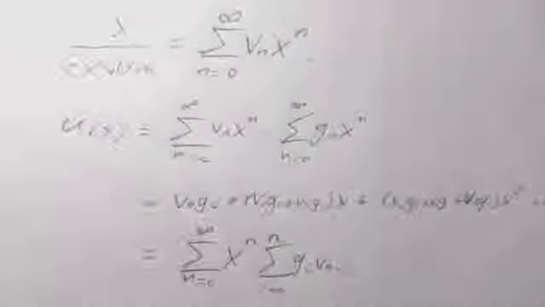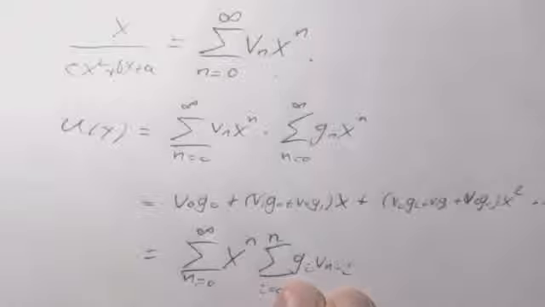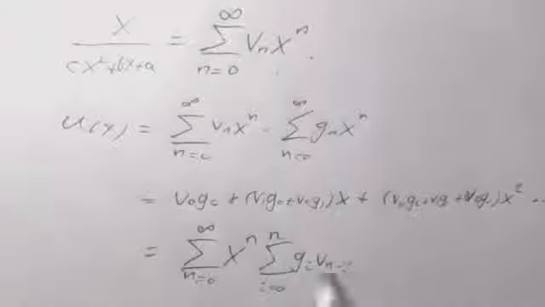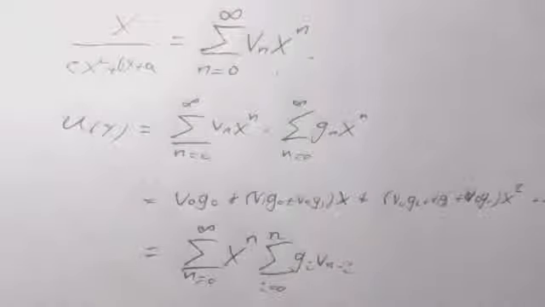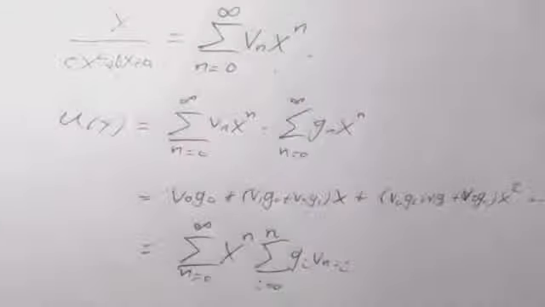So it's all pairs of coefficients whose indices sum to your n here. And this is how it works: if we have g_i x to the i times v_(n minus i) x to the (n minus i), their product is going to be g_i v_(n minus i) x to the n. So we have this here.